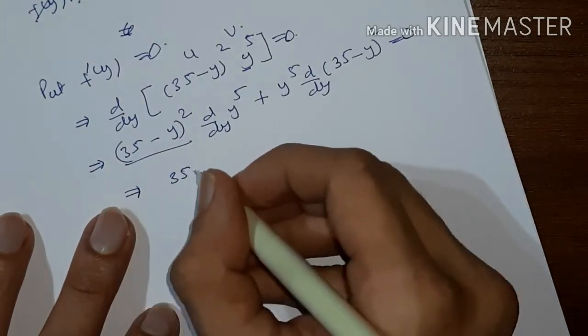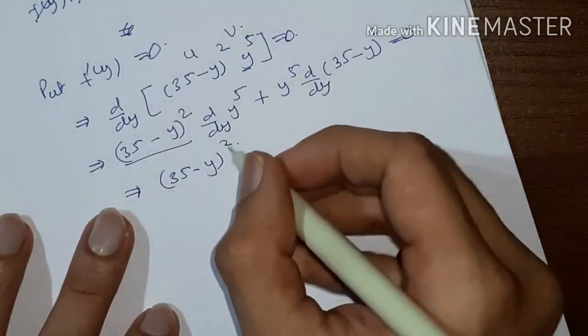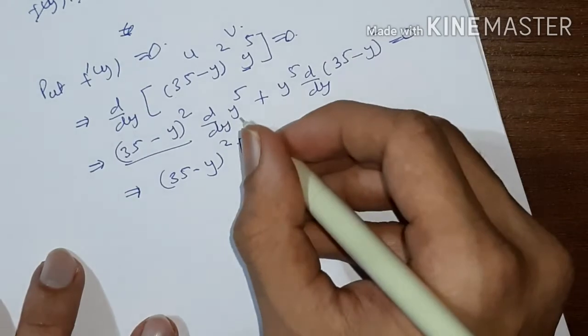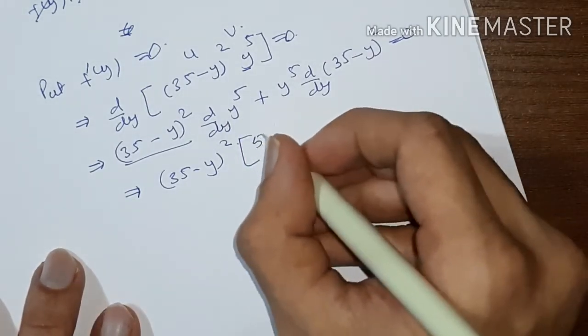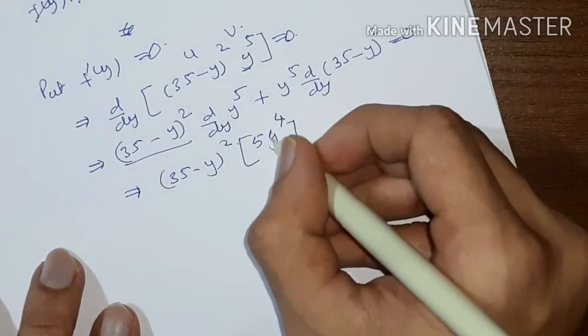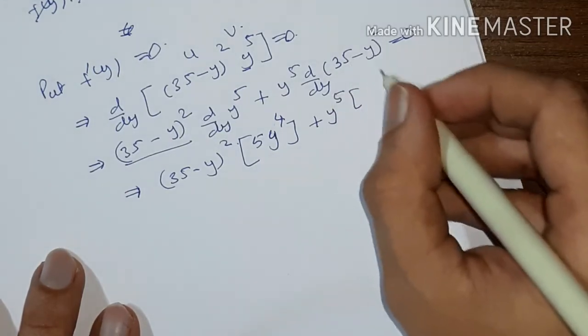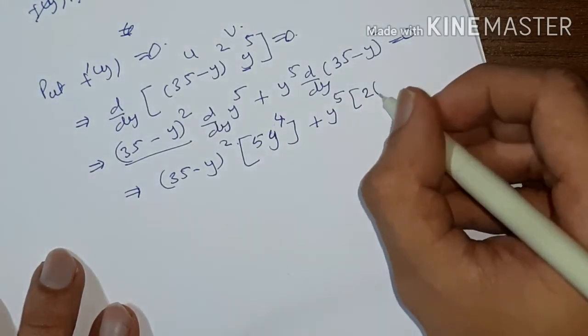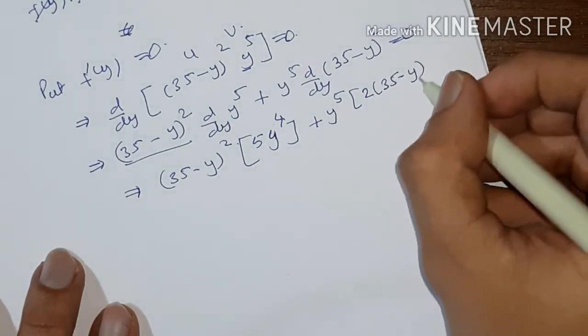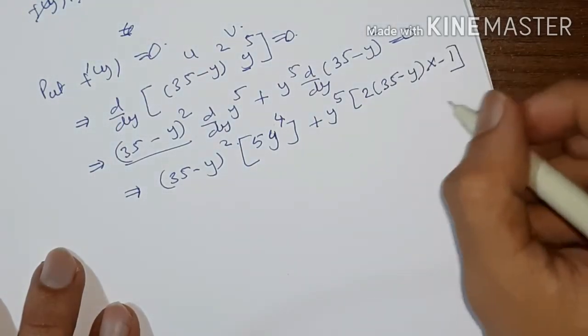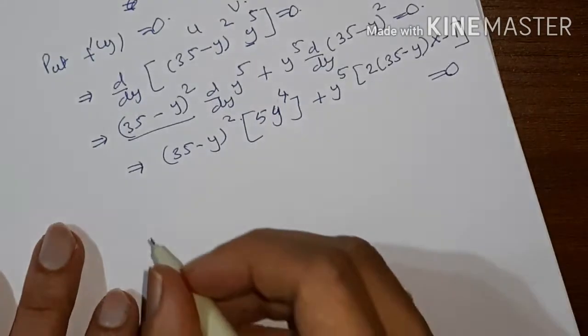So that means 35 minus y the whole square, derivative of y raised to 5 is 5 y raised to 4, plus y raised to 5 times derivative of this, that is 2 times 35 minus y multiplied by minus 1, equal to 0.